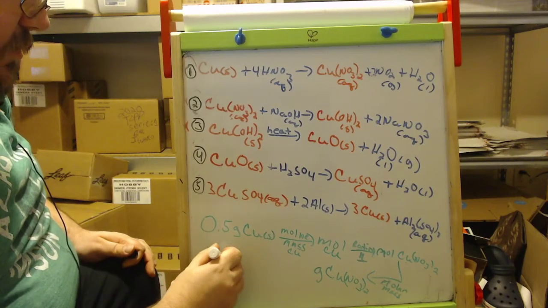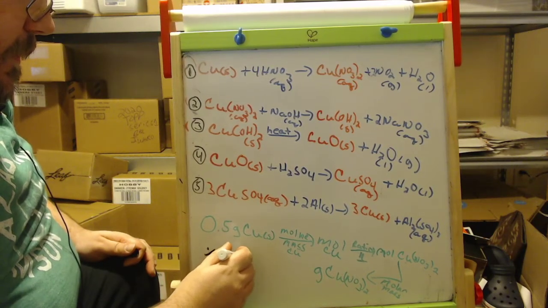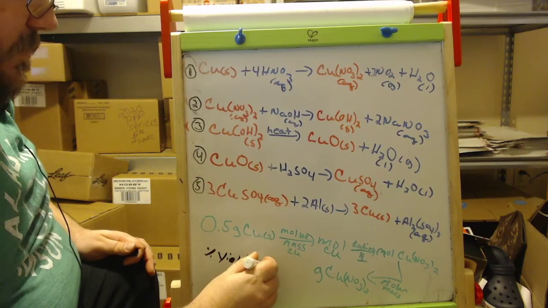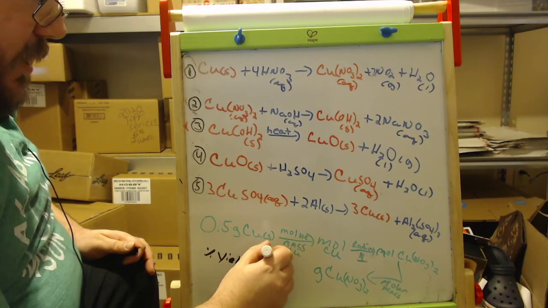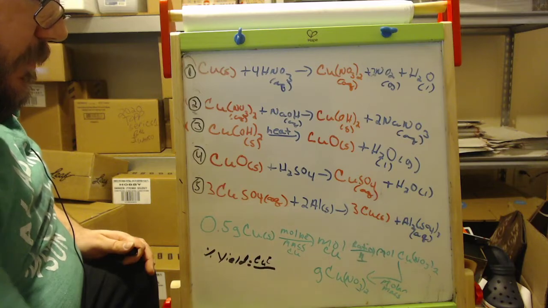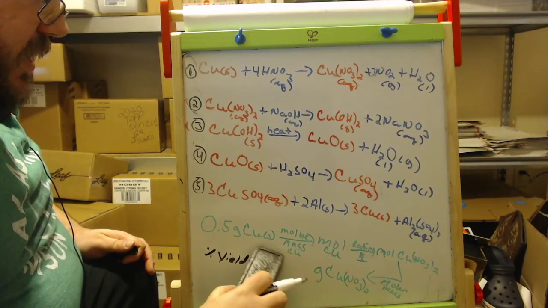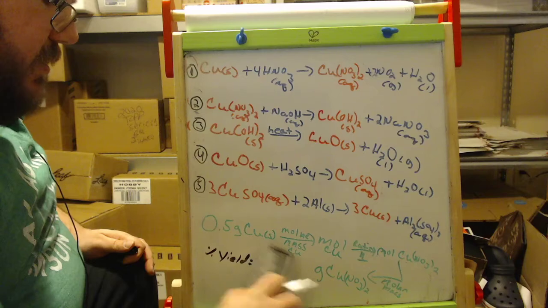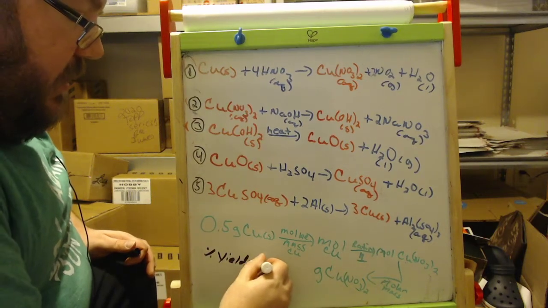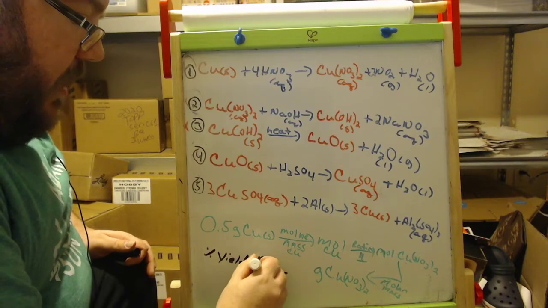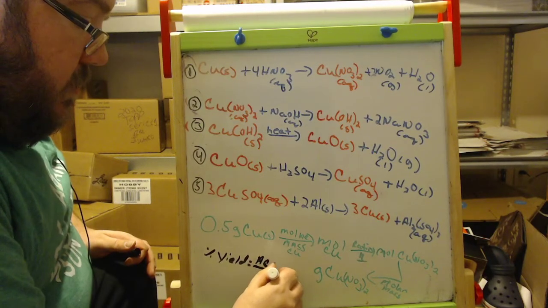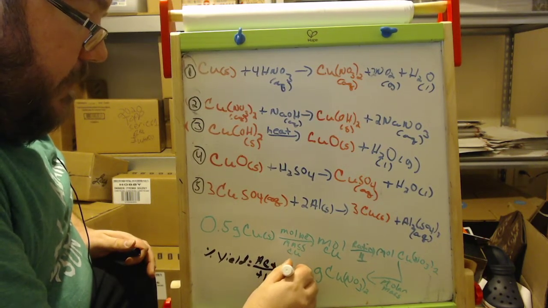Percent yield is going to be your copper you calculate doing this way. Percent yield is your actual divided by your theoretical times 100.